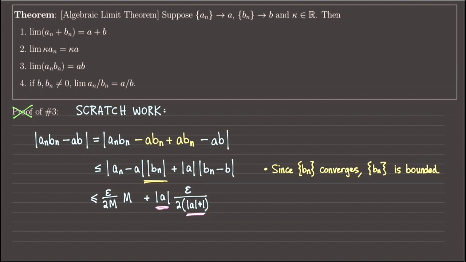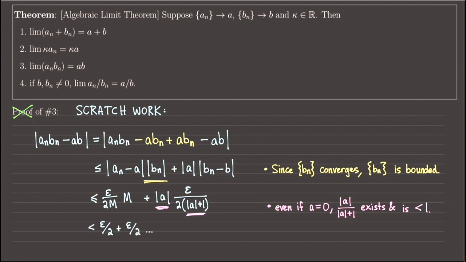And that's because if you just look at the parts that have the a, it turns into absolute value of a divided by absolute value of a plus 1, and you can try a few different versions of a, that number is always strictly less than 1. It's between 0 and 1. So we didn't exactly get epsilon over 2, but we got something even smaller, which is good.